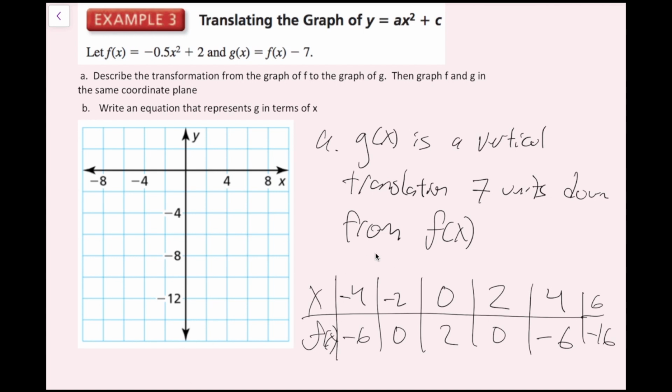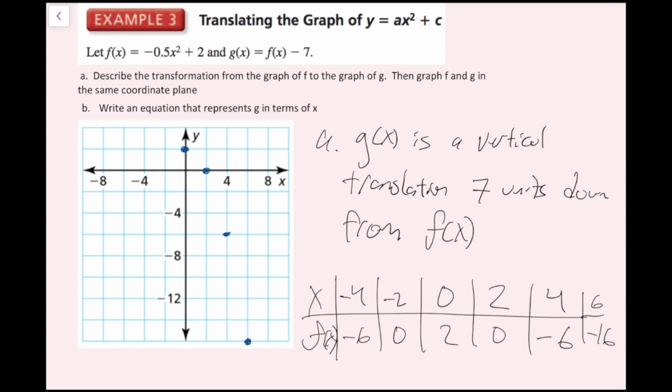So I'm going to graph this. I'll graph this one in blue. So I have 0, 2 as my vertex. Then I have 2, 0. Then I have 4, -6, and 6, -16.